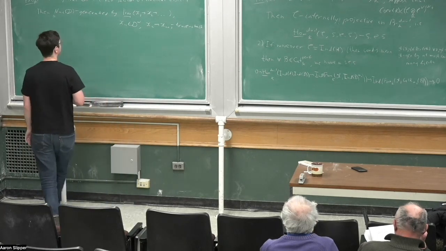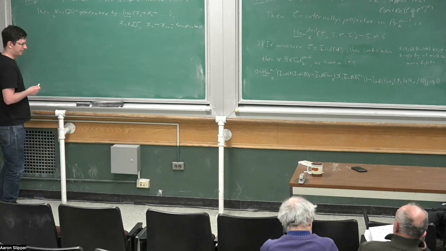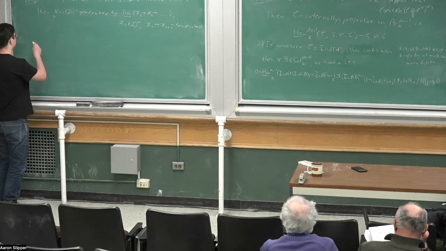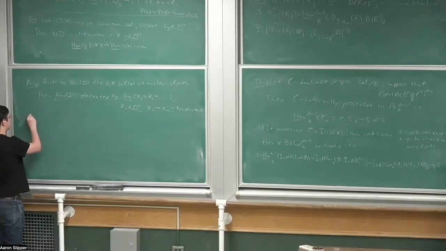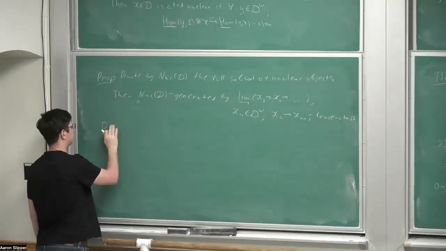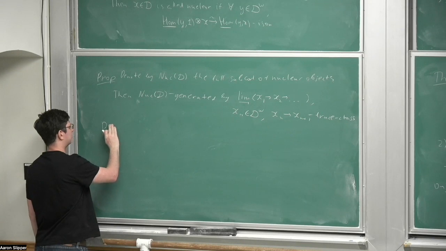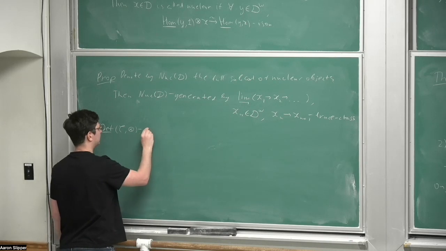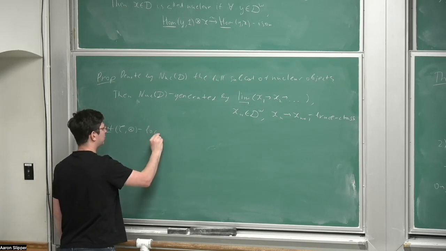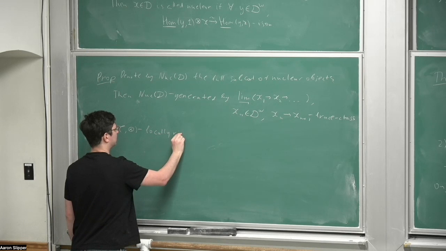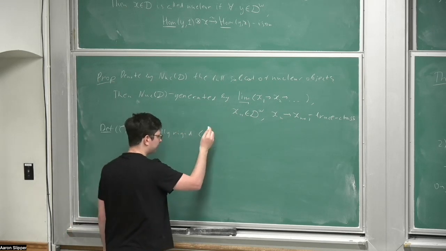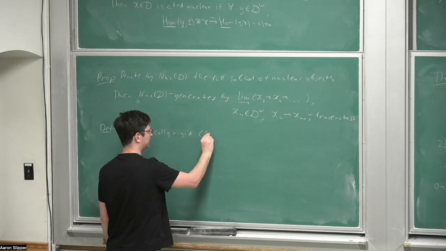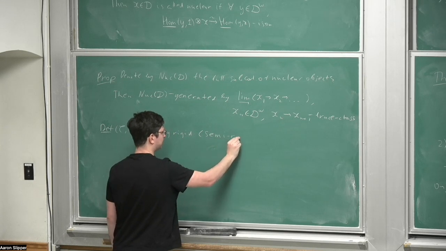Okay. So now this theorem is the following. First, let's introduce the definition. A symmetric monoidal category C is, well, I like to call it locally rigid, but Gaitsgory and Rozenblyum call it semi-rigid.